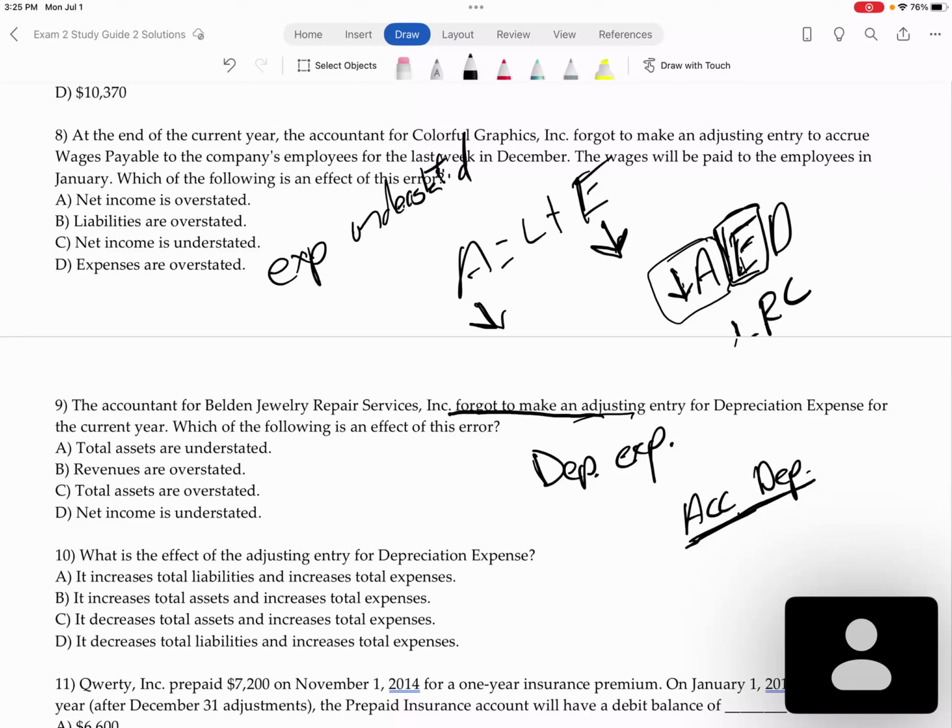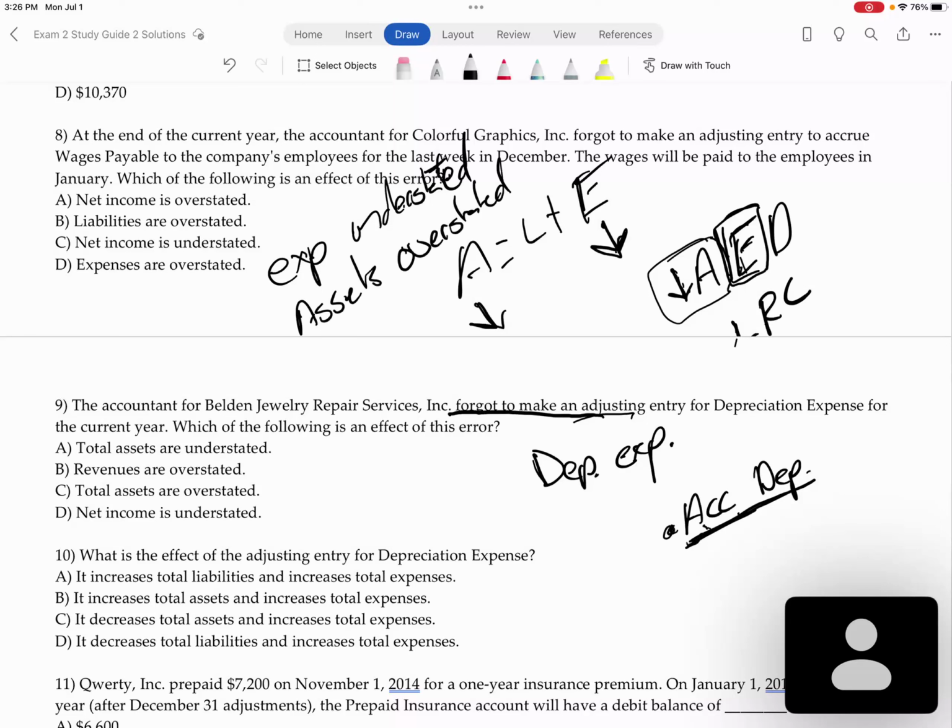Or assets would be overstated, because this accumulated depreciation would reduce down the assets.